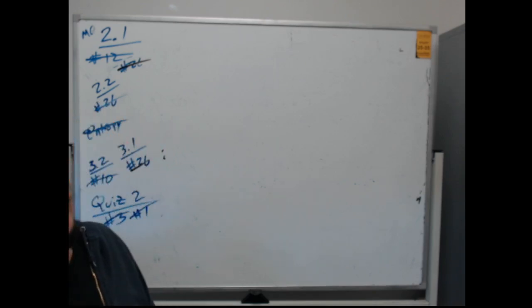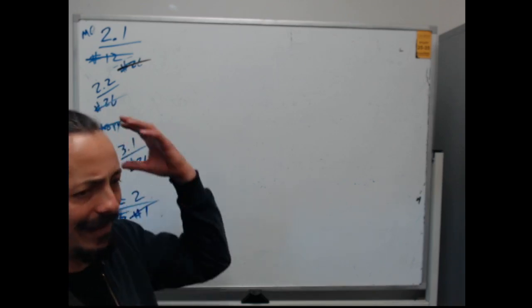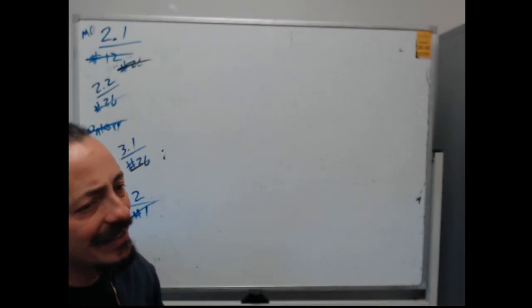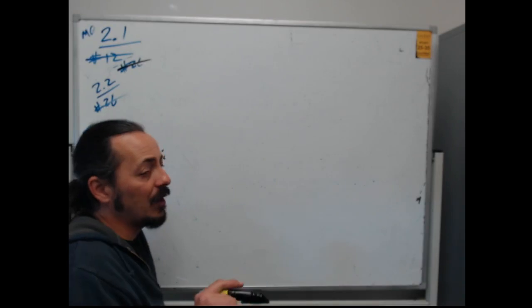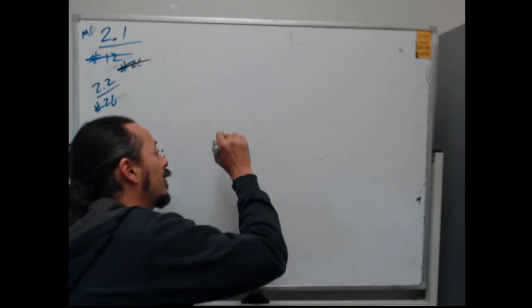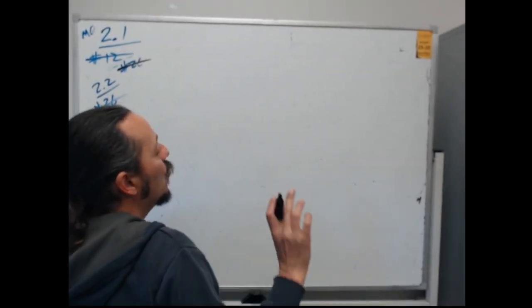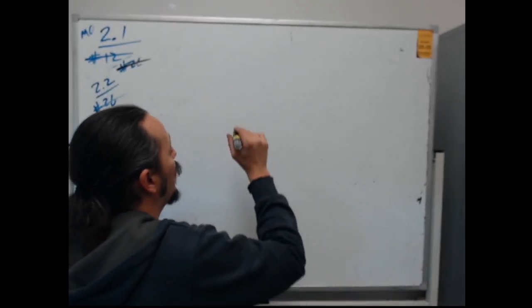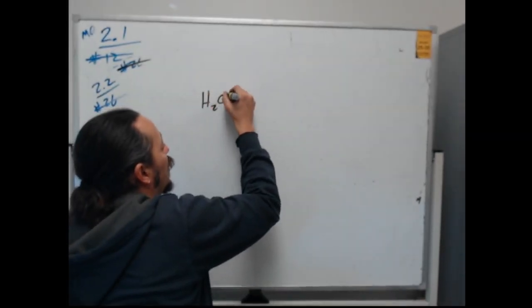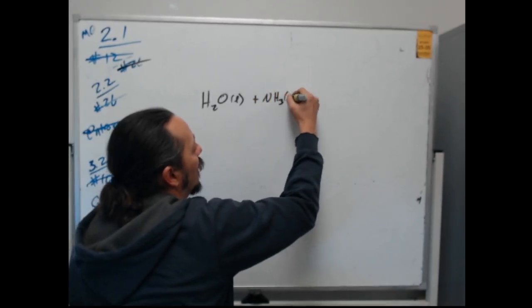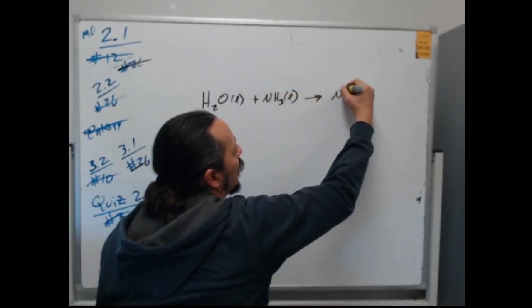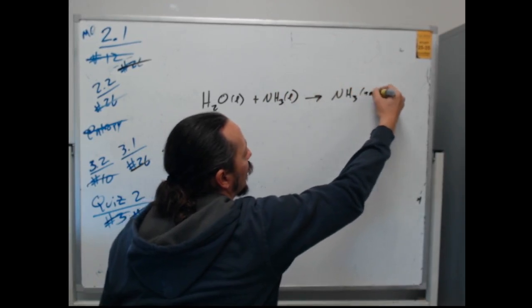Predicting the delta H for a reaction, unless you've got bond energies floating around in your head someplace, it's really hard to predict that. But for a solubility process of two liquids, here's what we're looking at. We're not really able to predict it very well, but I'm doing an H2O liquid plus NH3 liquid goes to NH3 aqueous.